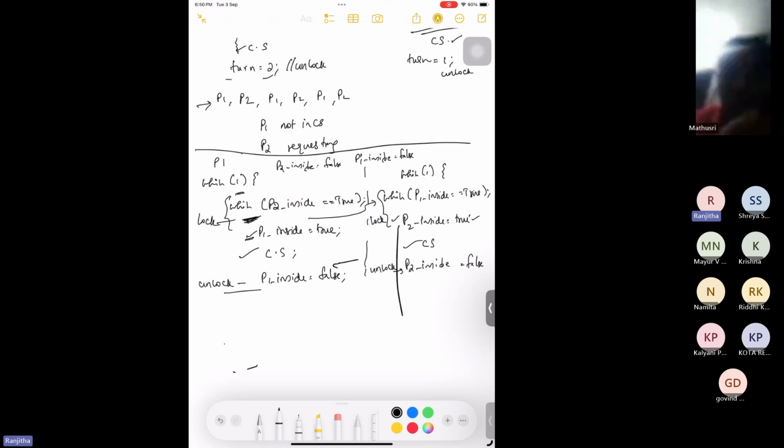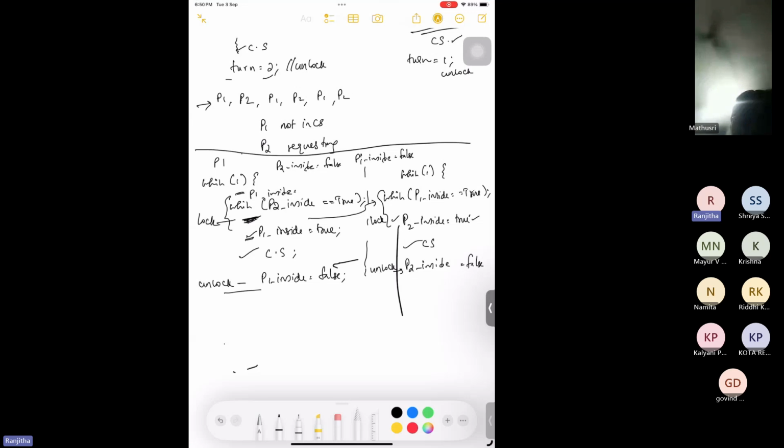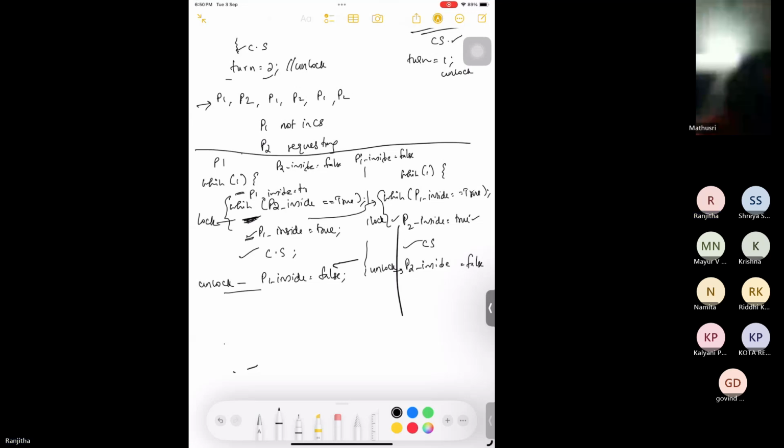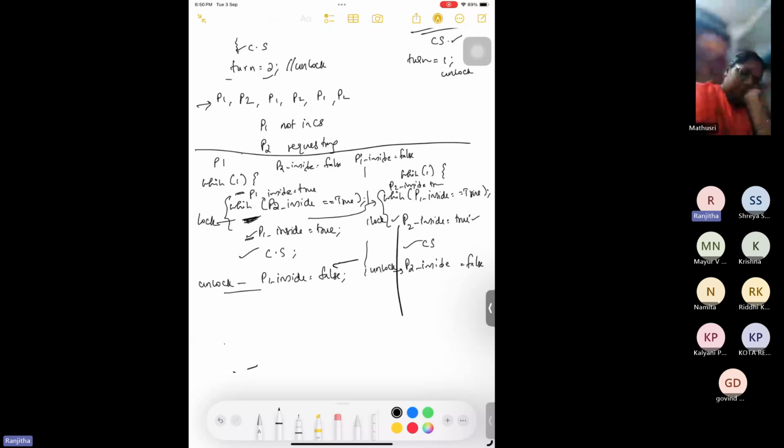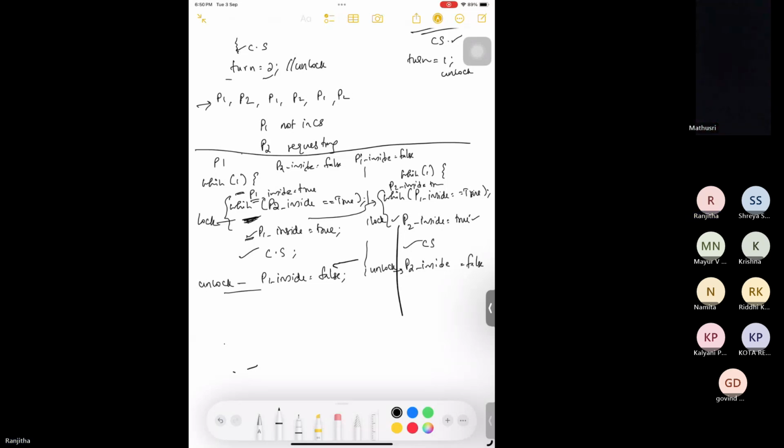If we move this instruction, that is P1 inside equal to true, and in the same way P2 inside equal to true, what happens if after the statement a context switch happens and it goes to P2, and P2 also sets that P2 is inside?